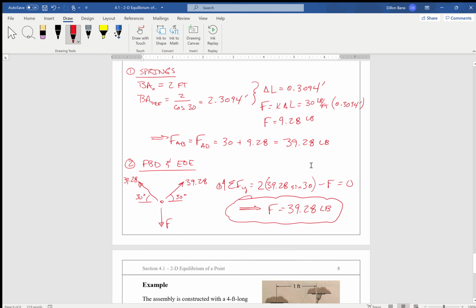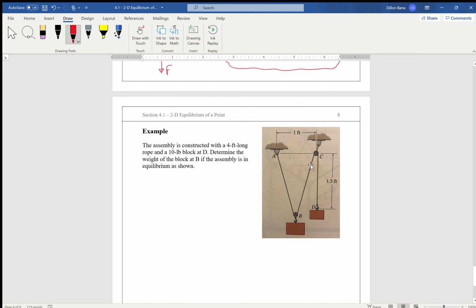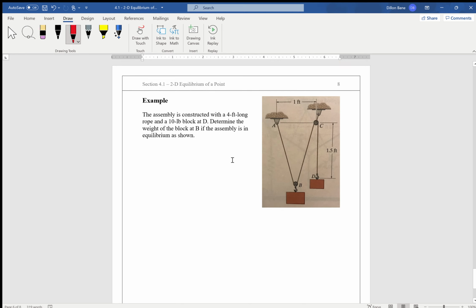So let's do one more example then, and we will call it a wrap for 2D equilibrium of a point. Last example, what we have here is this pulley assembly.